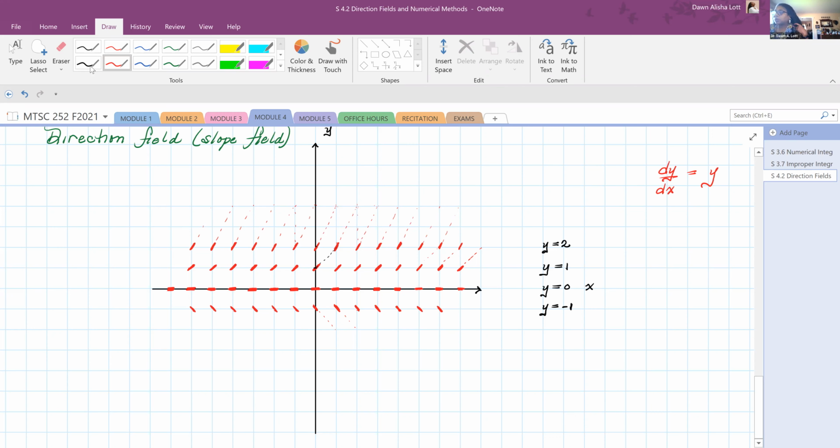So what do you think is going to happen down here where y is equal to -2? I'm now going to make my slopes be -2. So now they have to go like this. Oh, that's in the wrong place. Sorry, guys. I don't want to go from that point. I want to go from the next point. From here, the slope is like that.